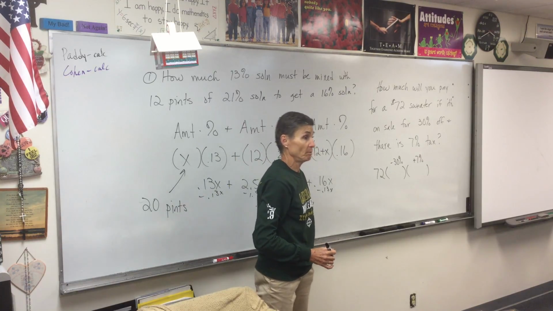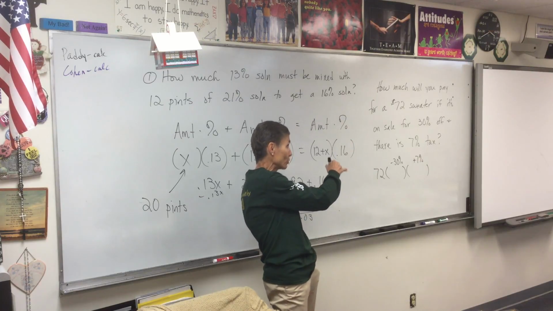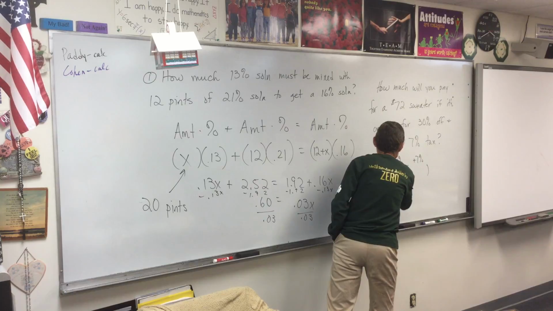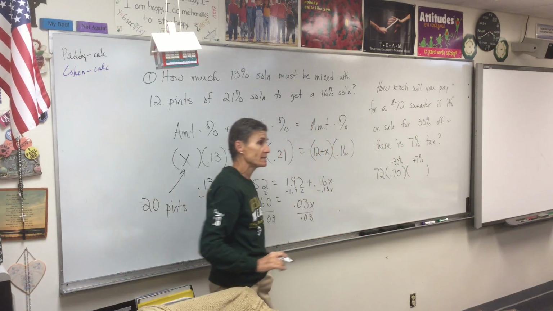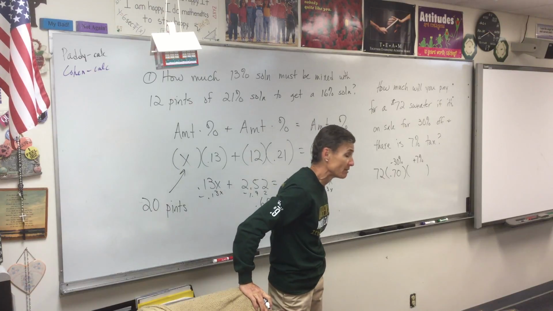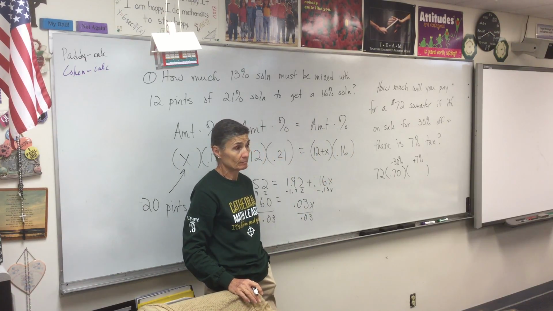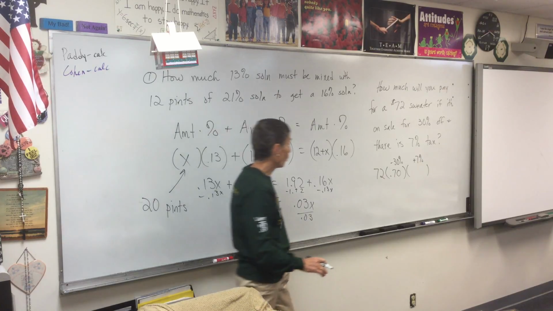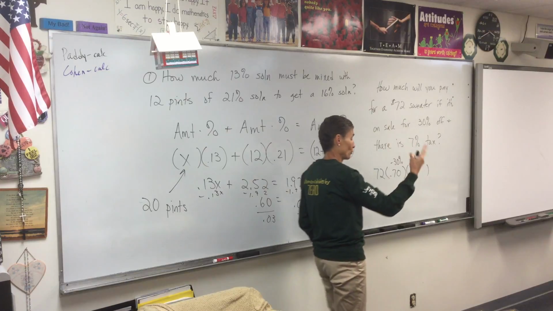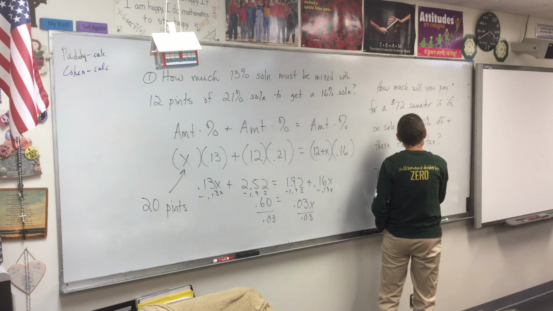What do we multiply by to show a decrease of 30%? 0.7. Why 0.7? Because if you are taking away 30%, you are keeping 70. Now, what do we multiply by to show an increase of 7%? 1.07.